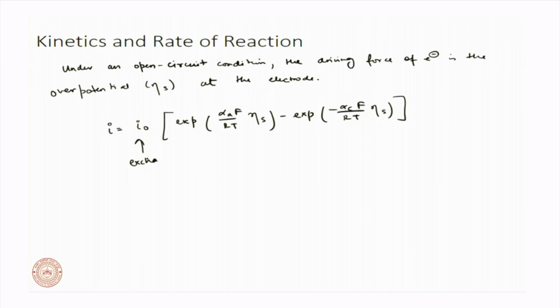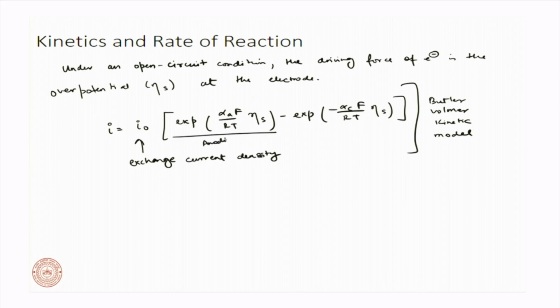It may depend upon concentration, it may depend upon any other factor. It is an experimentally measured value and something that is curve fitted. And this kinetic law is called the Butler-Volmer kinetic law. Kinetic model, not law, right. This part is your anodic driven, and this part is your cathodic driven.